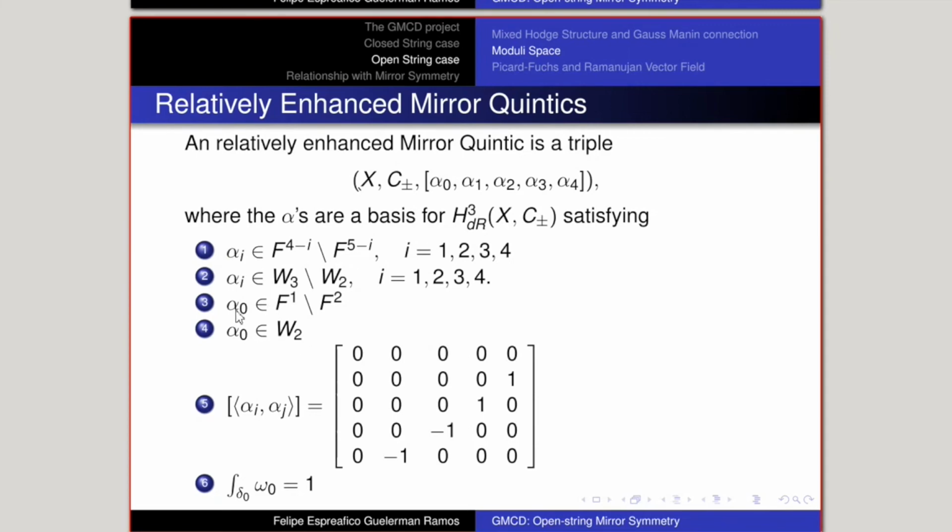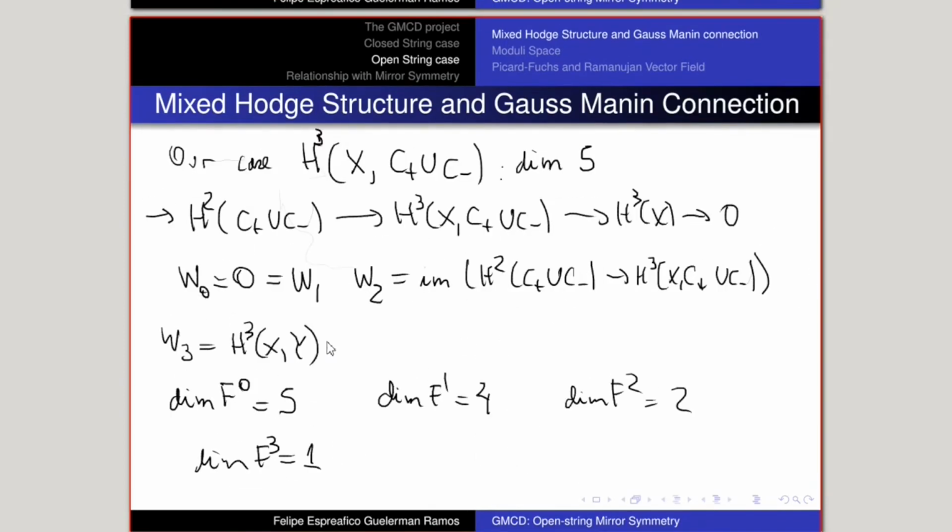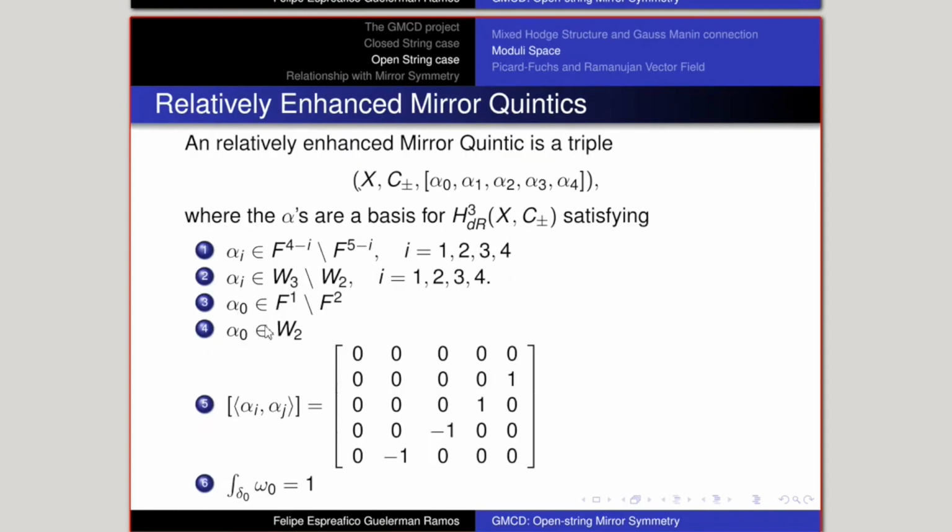So this alpha 0 is the extra element, and the extra element should be in the W2 part, and the other should be in the W3 part. And alpha 0 is on F1. So that's, and also constant inner product.